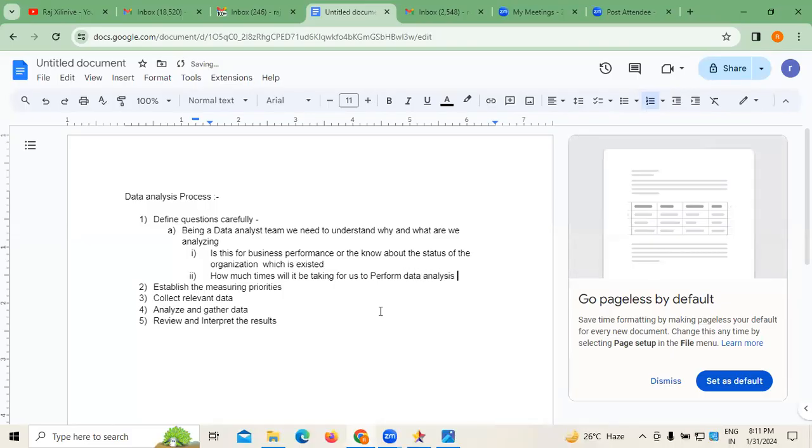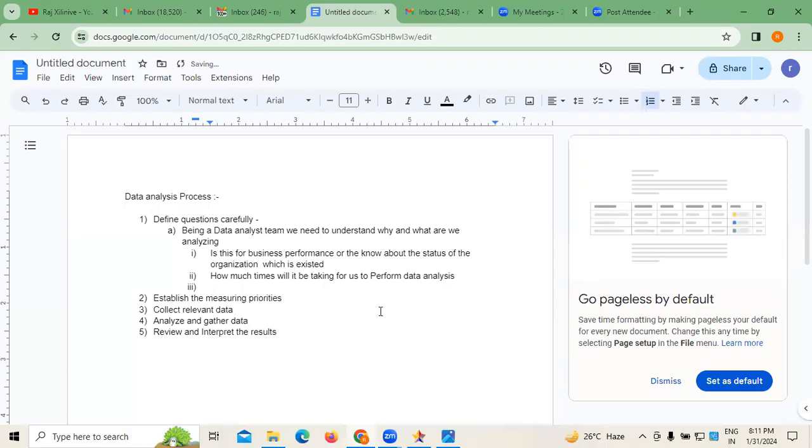Again, in this, we must know how complex the data is. Okay, that is required, because whatever timelines we require to perform data analysis also depend on the complexity, right?